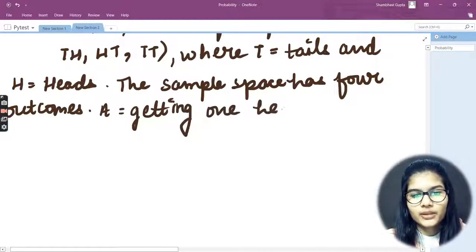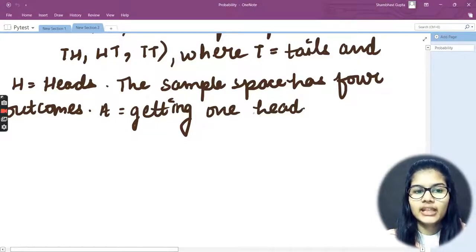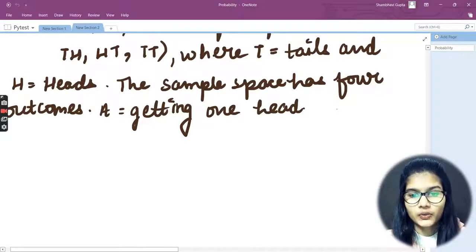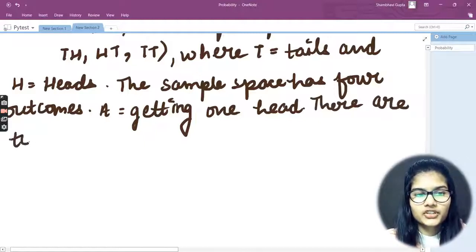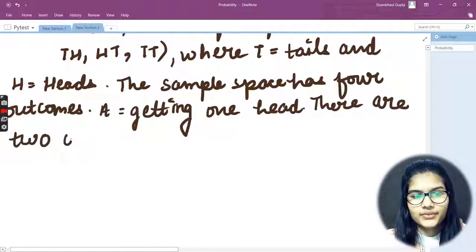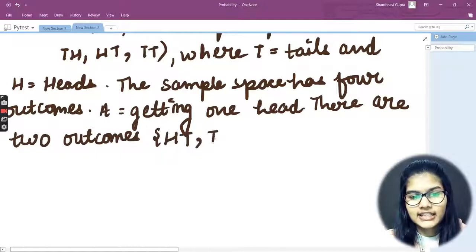So I have to compute the probability of getting one head. There are in total two outcomes which have one head: first is head tail and second is tail head.